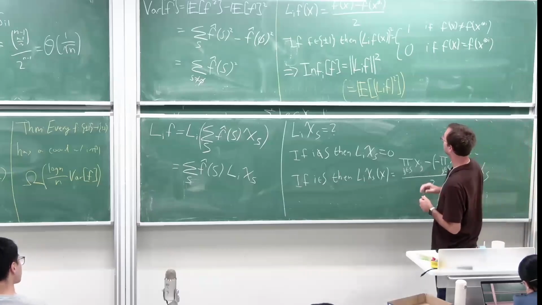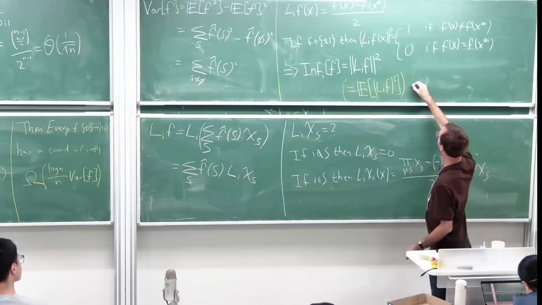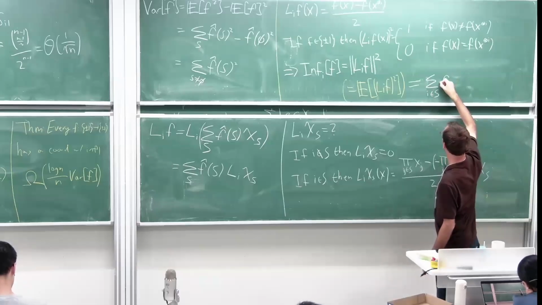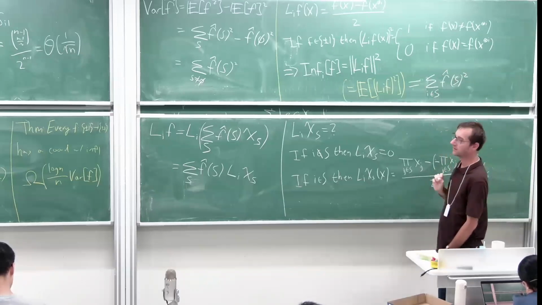Okay, and as a consequence, we have this nice formula. We just have to square the Fourier coefficients containing i.